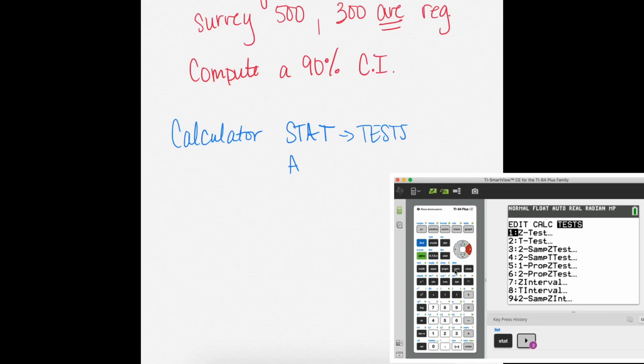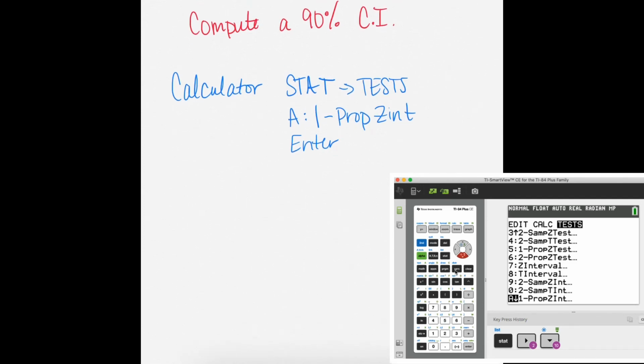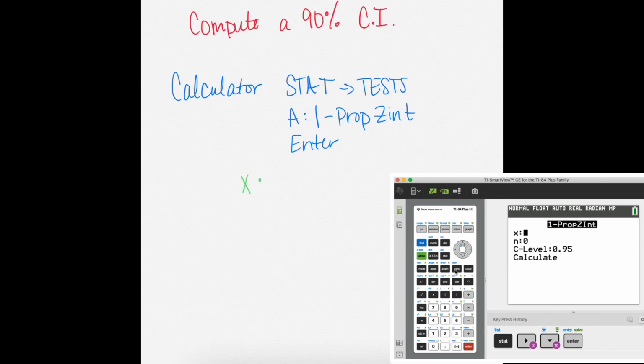If you go all the way down to A, it is 1-PropZInt, 1 proportion Z interval, is what we're using here. Then you hit enter. When you get there, you're going to get x, n, and C-level, and then calculate.